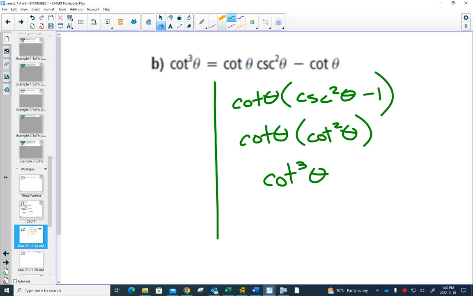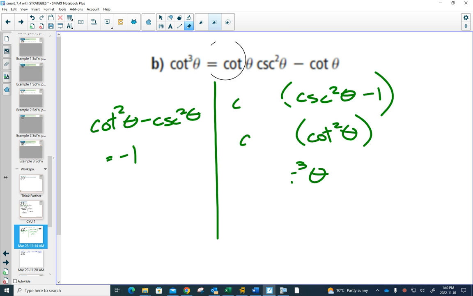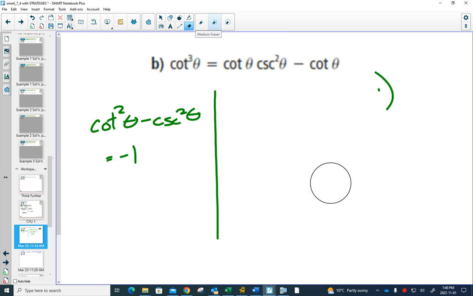Where it gets tricky is sometimes you're going to be tempted to do, okay, this would not be allowed without showing work. This is true, that cotangent squared theta minus cosecant squared theta is equal to minus 1. That is true. But in order to rearrange my formula to look like that, I have to do two things.